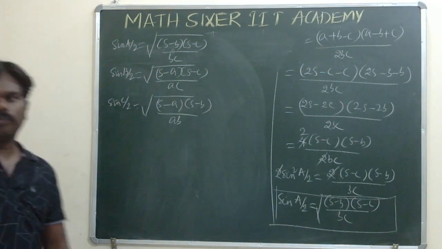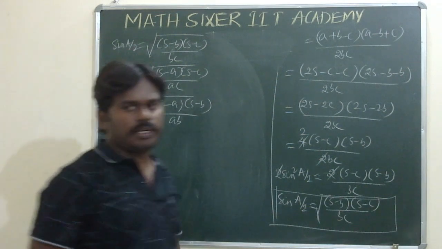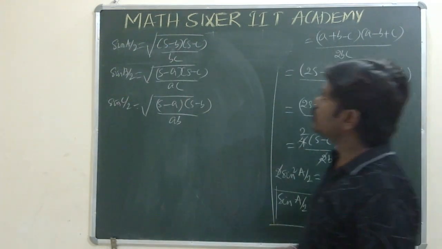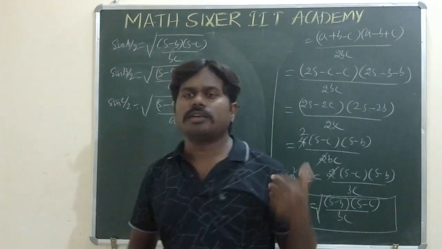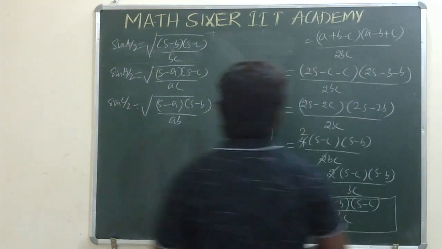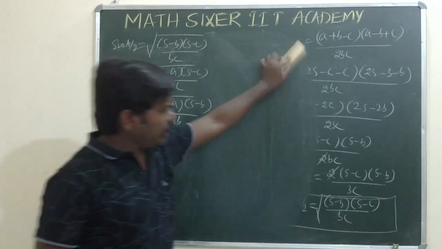So these are the sines of the half angles: sin A by 2, sin B by 2 and sin C by 2. Similarly, we can find cos A by 2, cos B by 2 and cos C by 2. Again we will use the same thing.